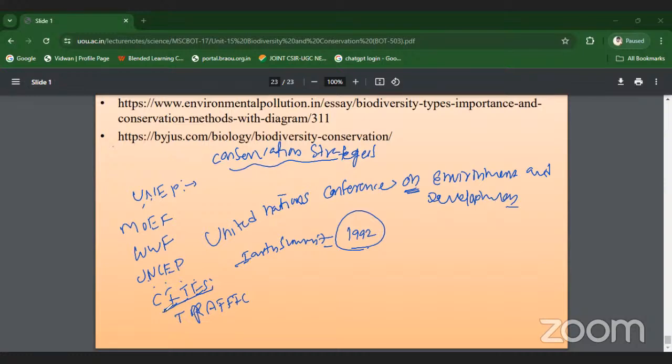Another one is TRAFFIC, Trade Record Analysis of Flora and Fauna. So these are the national and international conservation strategies.